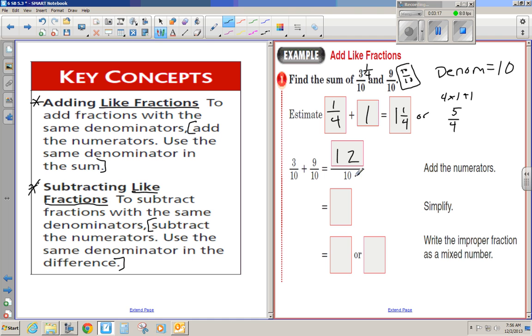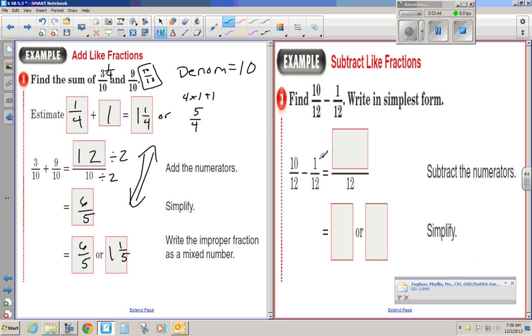So when I simplify, you would reduce by 2. That would be 6/5. And 6/5 is the same as 1 and 1/5. All right? And if you look at our answer, 1 and 1/5, 1 and 1/4, that estimation is pretty darn good. Let's do another.